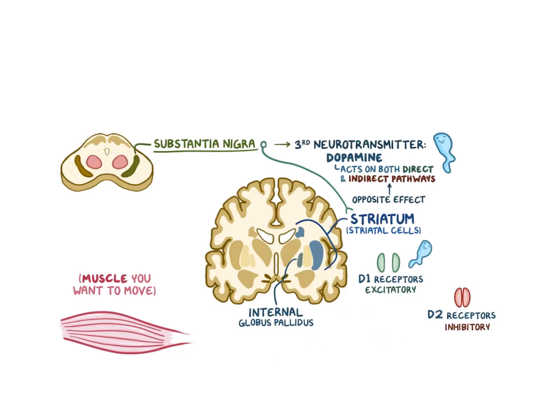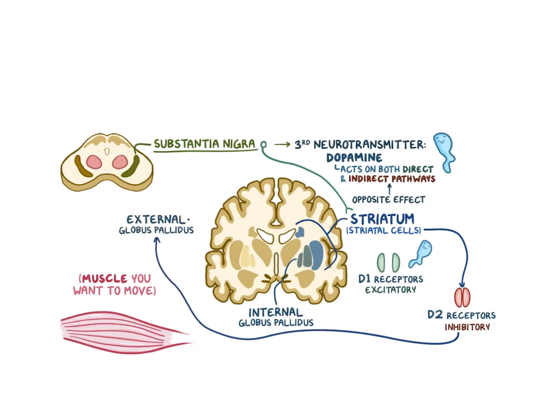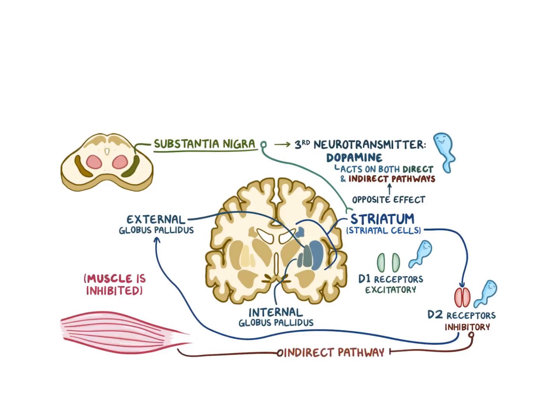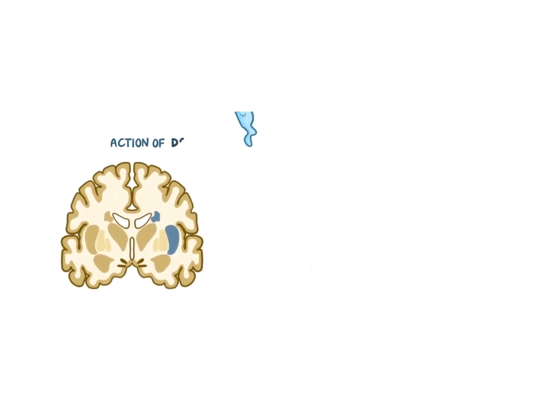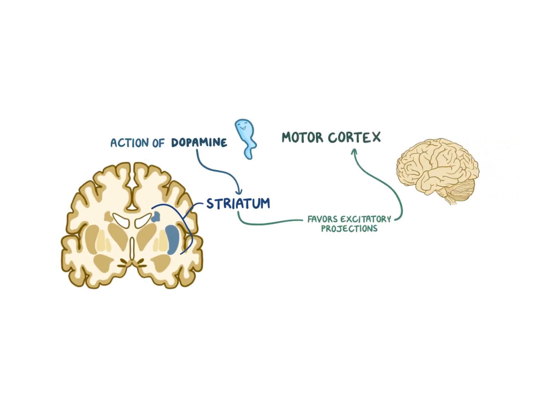On the other hand, D2 receptors are expressed by the striatal cells that project to the external globus pallidus. When dopamine binds D2 receptors, they inhibit the indirect pathway for that same muscle. Ultimately, the action of dopamine on the striatum favors the excitatory projections to the motor cortex to reinforce the desired movements.